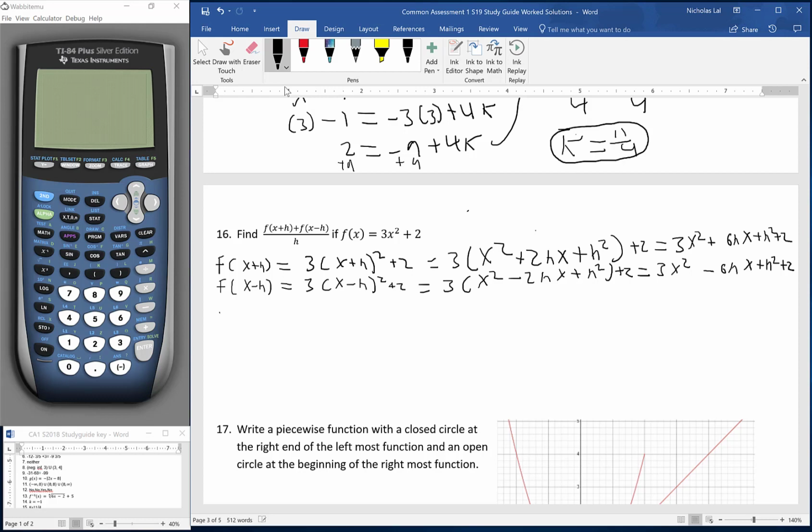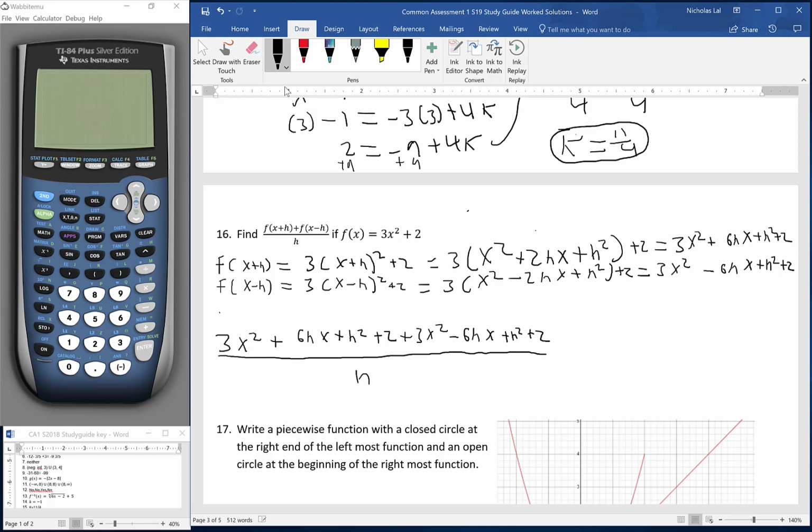So we're going to have 3x squared plus 6hx plus h squared plus 2 plus 3x squared minus 6hx plus h squared plus 2, all over h.